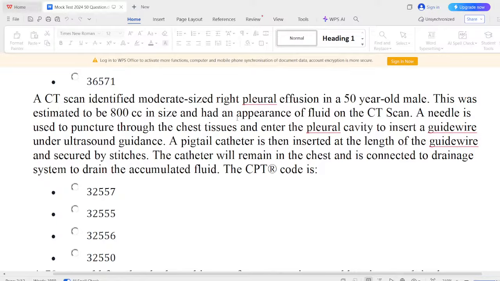Akash, actually that question is not visible, so that is why I skipped that question.